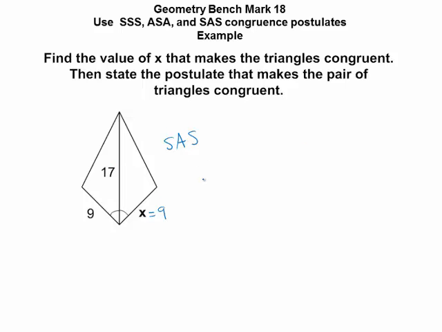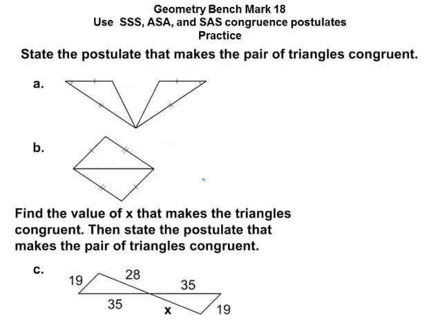Here, they're kind of showing a vertex, but they're not showing any sides. But if I look at it, I have a side, and then an angle, and then another side: side, angle, side. And here they're sharing this side. So we have side, side, side.